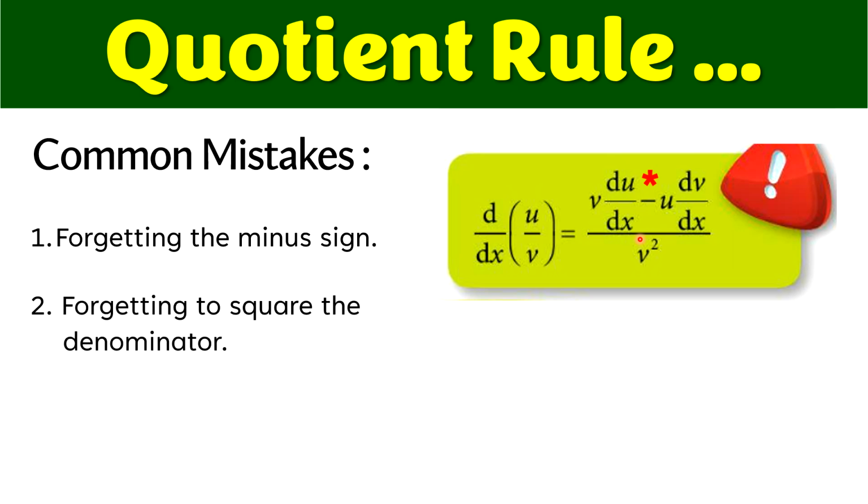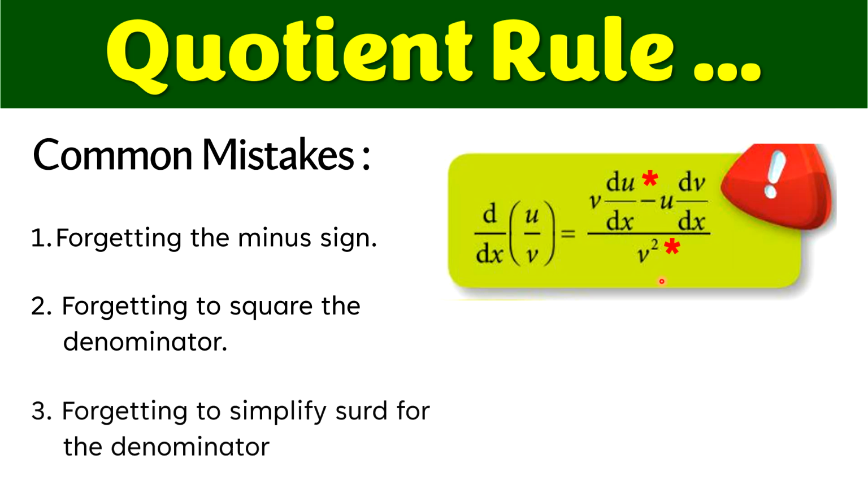Now, the second mistake is that students tend to forget to square the denominator. Do not forget, you must square the second function, which is v. Square the denominator. Now, how about the third mistake? The third mistake is that students tend to forget to simplify the denominator. This is, for example, the one that I went through earlier on.